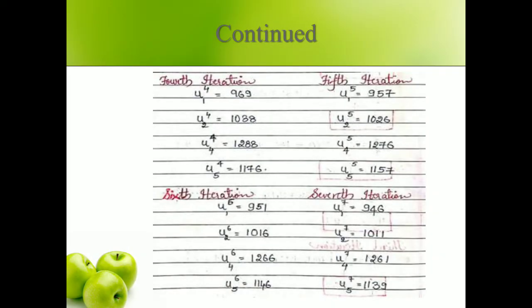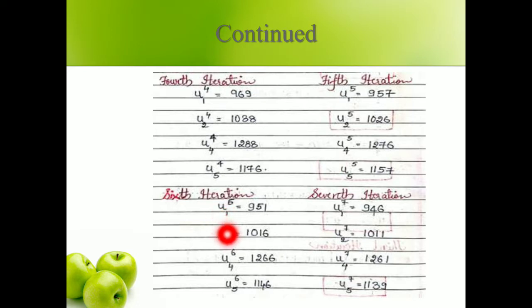Next, similarly you have to find the fourth iteration, fifth iteration, sixth iteration, seventh iteration. For the fourth iteration you will be using third iteration values to find out u1, u2, u4, u5. For the fifth iteration you will be using fourth iteration values, and similarly for the sixth iteration you will be using fifth iteration values.